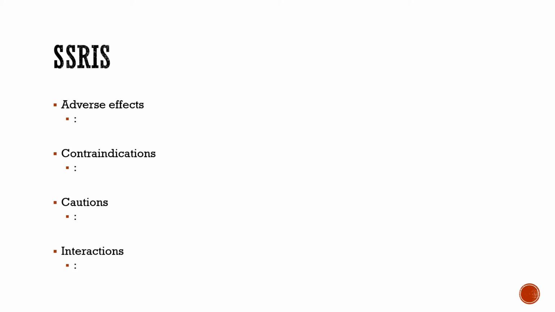There's others. There's a lot of others. Lithium, St. John's wort, which is one of those herbal medicines. Some people use St. John's wort for depression. Fine, except when you're taking it with an SSRI, you increase your risk of serotonin syndrome.